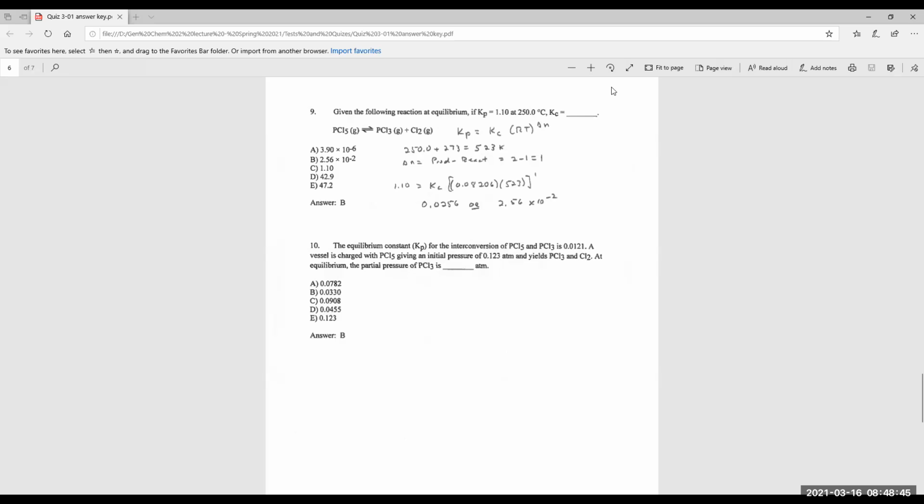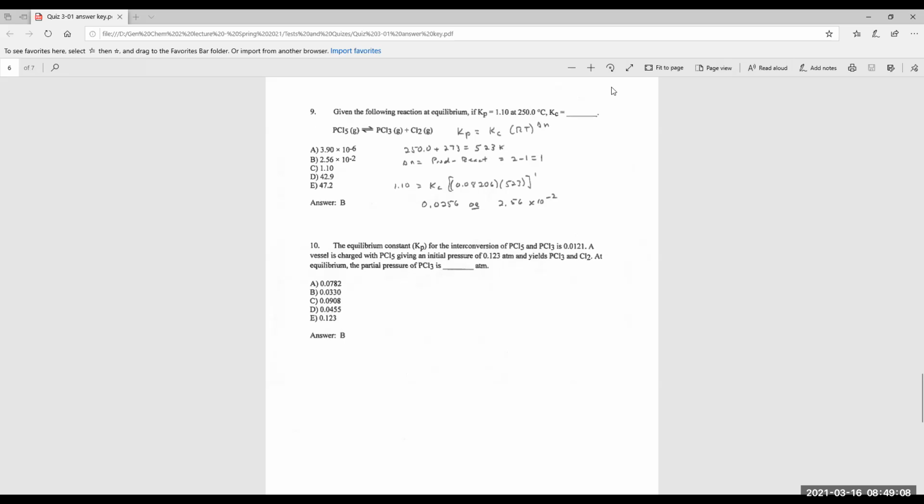So change our temperature, which was 250 C, to Kelvin to give us 523 Kelvin. We look at the number of moles difference. We had 2 moles formed, 1 mole that we started with in terms of gases. So 2 minus 1 is 1. Now we know our gas constant is 0.08206.